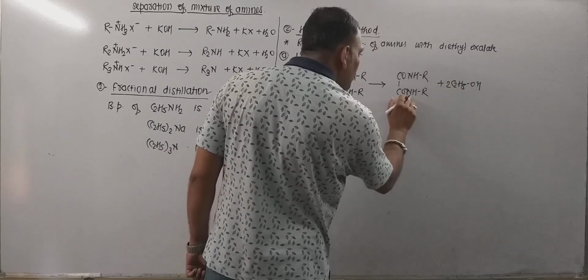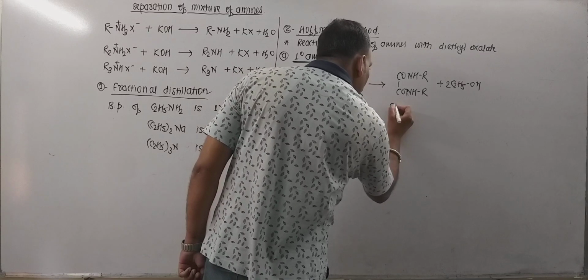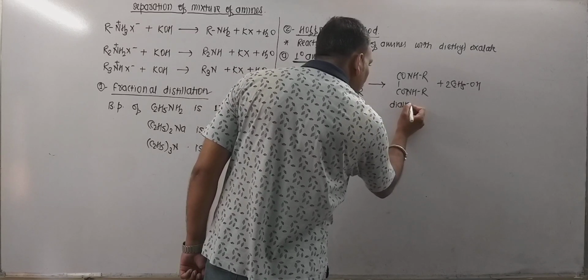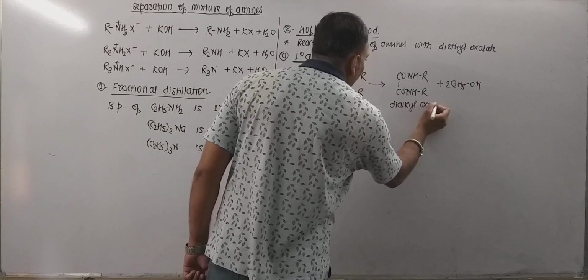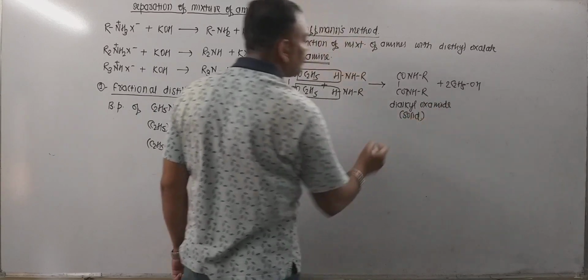Remember, this is solid in appearance, and the name of this is dialkyl oxamide, and this dialkyl oxamide is solid.